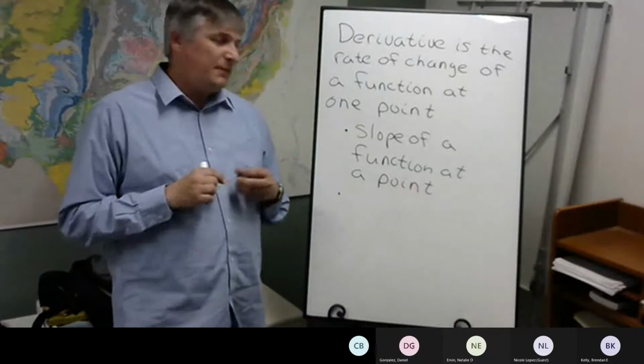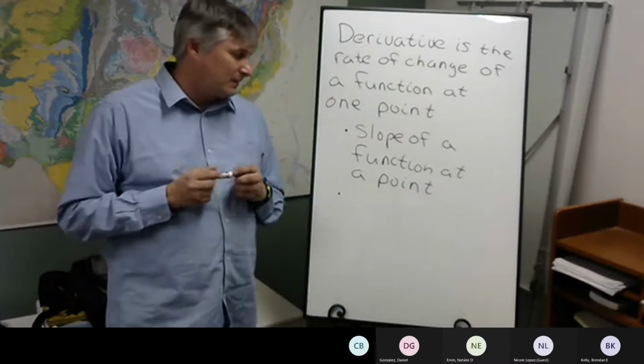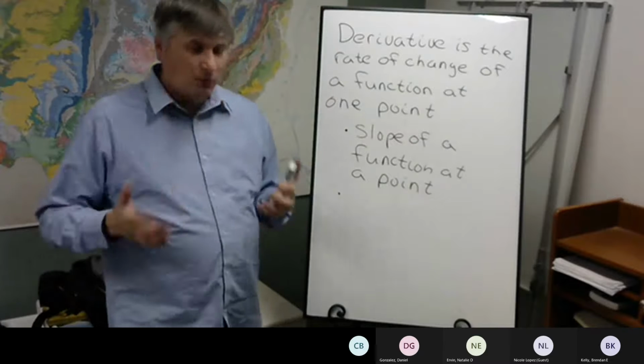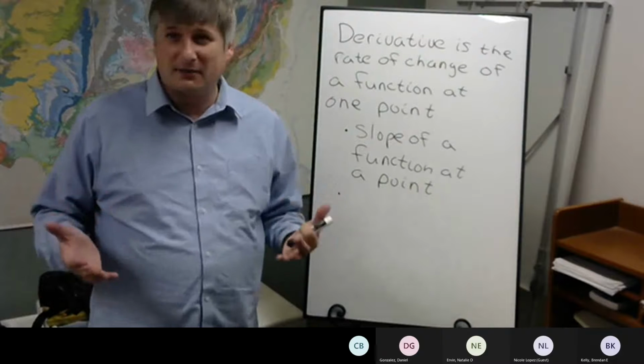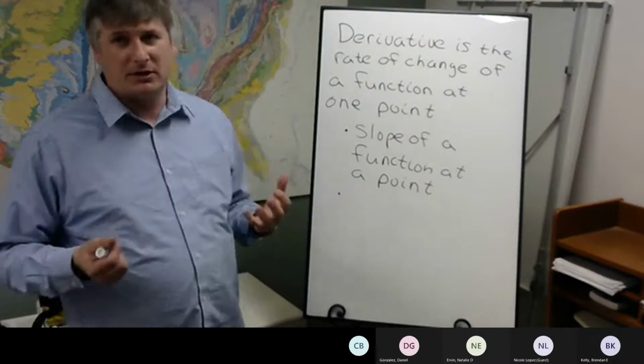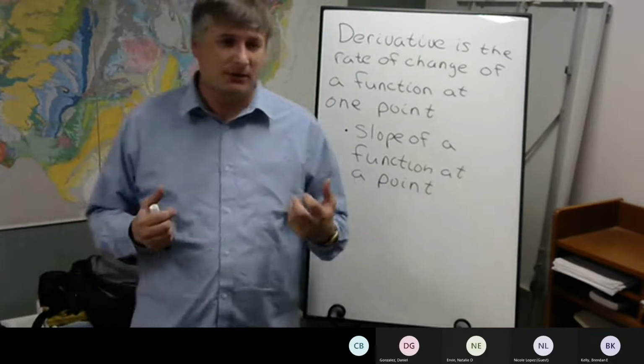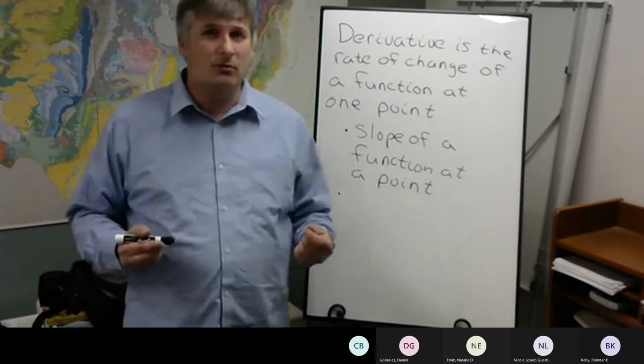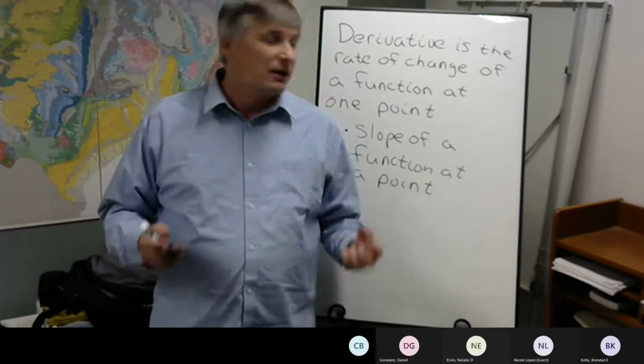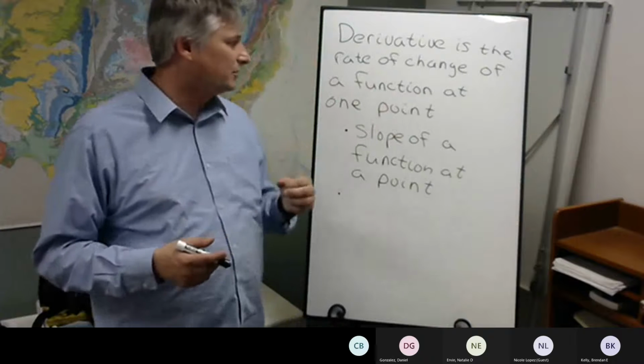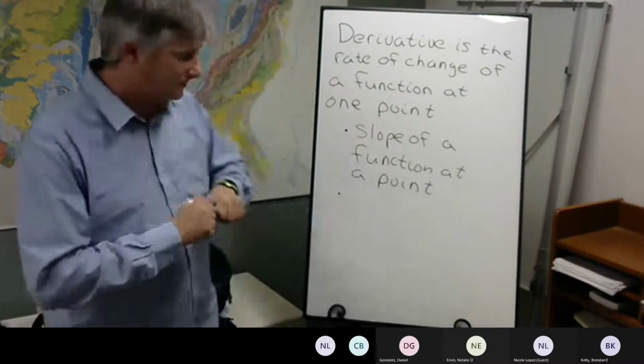And what this turns out to be, the way you find this rate of change, is you find the slope as the same slope as the tangent line contacting this function at this point.